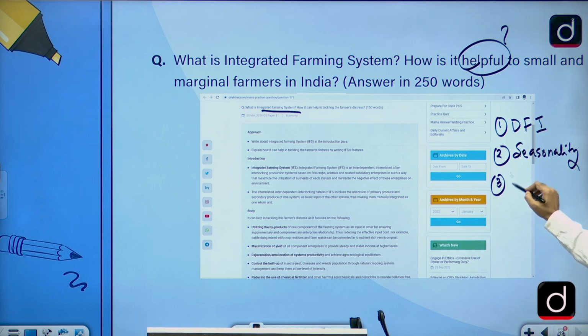Waste is another area. As I told you, there is a problem of stubble burning, and in Punjab and Haryana we have seen a lot of stubble burning activities going on which pollute the whole environment. So this is another important domain.